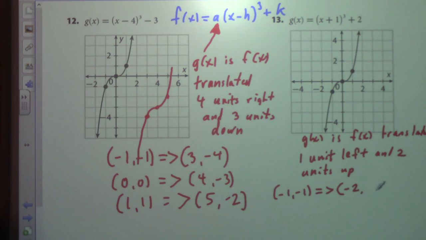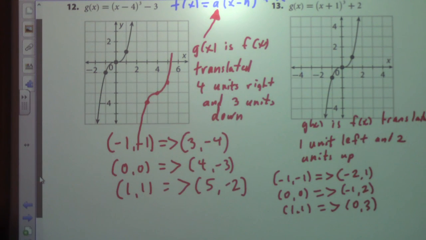And then 0, 0 becomes 0, 0 becomes -1, 2. Yeah. And finally we have 1, 1, it becomes 0, 3.